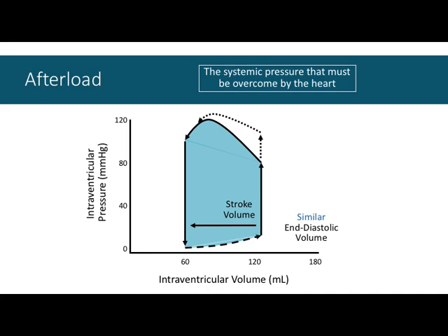The entire span of this contraction, as we contract, generate pressure, eject blood, happens along the length tension curve of the cardiac muscles. So there's some overlapping fibers, and they shorten and contract, and you know that there is an optimal length to give maximum tension, right?